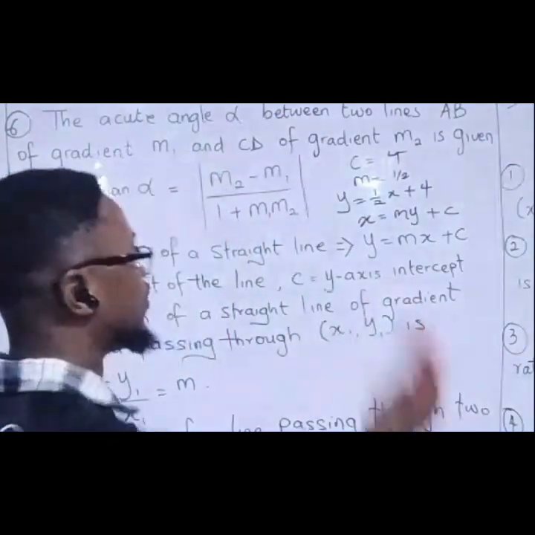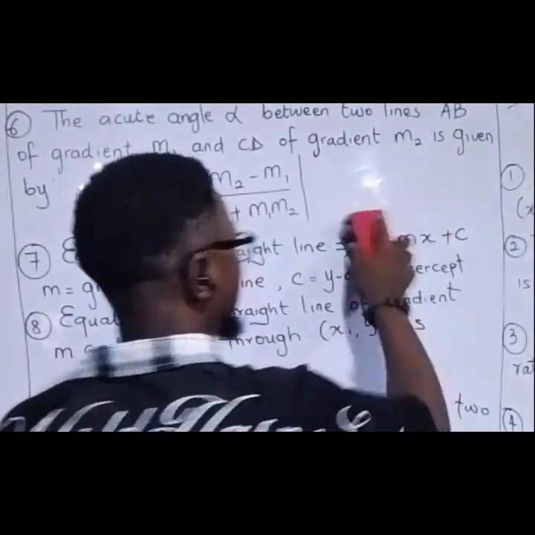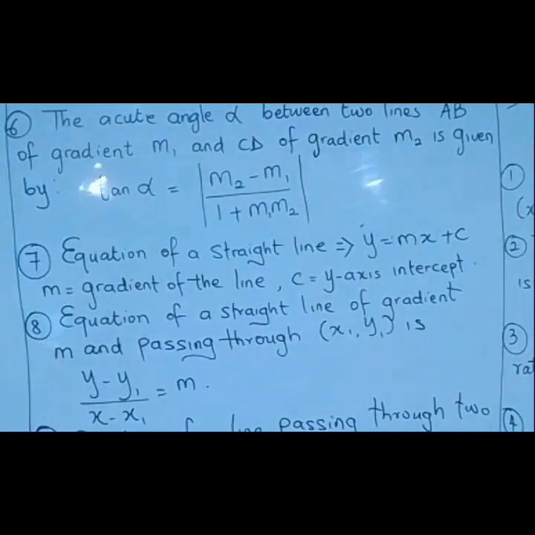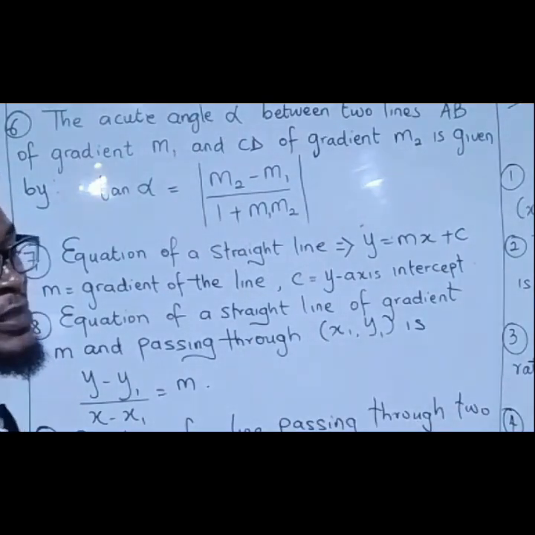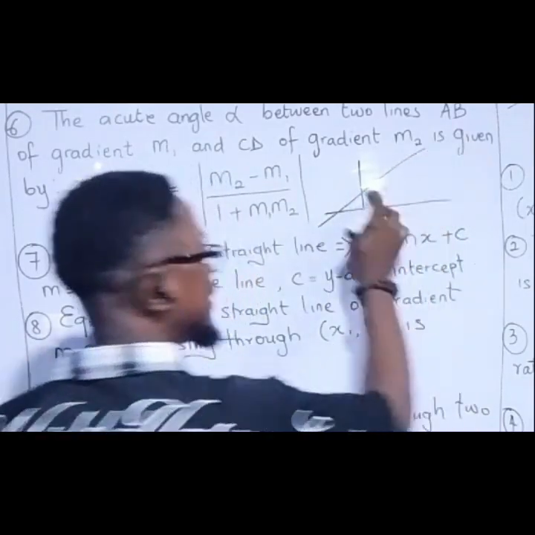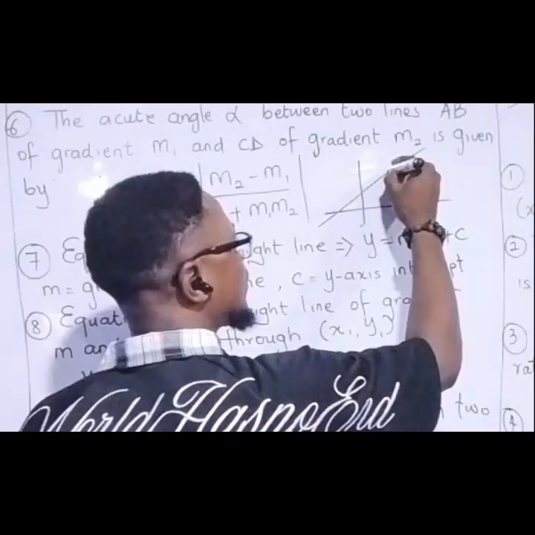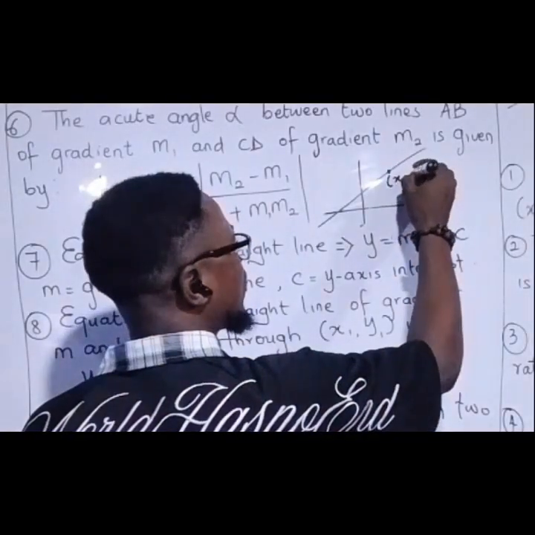What if you are not given both of them? Like in this number 8 now, what if you are given the slope and that your line is passing through a point? They didn't give you the intercept. Like this is it. Now, they didn't give you what this place is, right? But they told you that it is passing through a particular point. Let's call that point x1, y1.